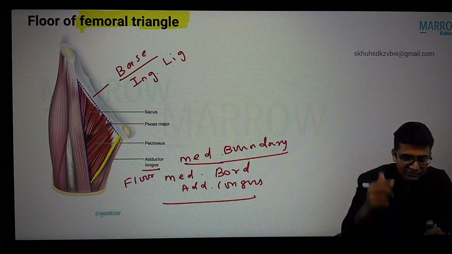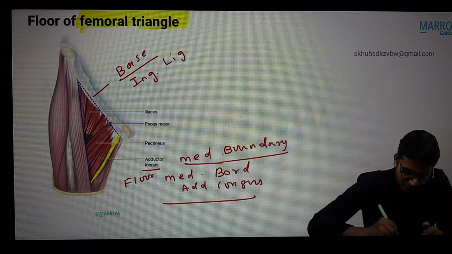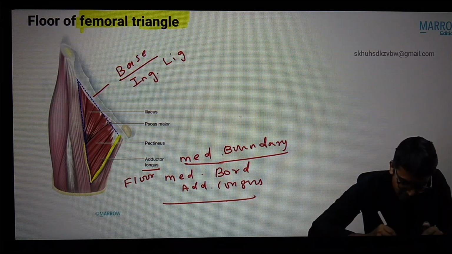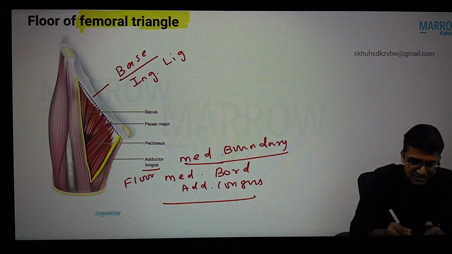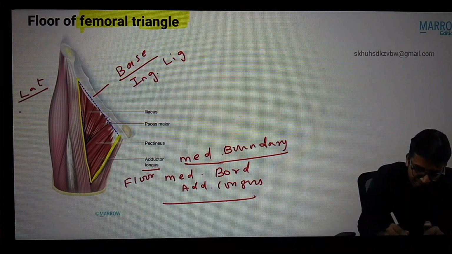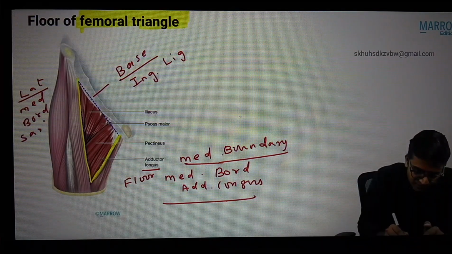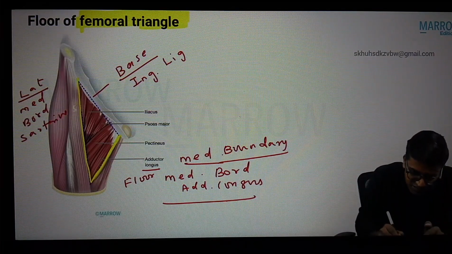Okay, right, very good. Next, the lateral border of the triangle is formed by the medial border of sartorius muscle. So, laterally, the medial border of sartorius muscle. Very good. So, this is sartorius muscle.